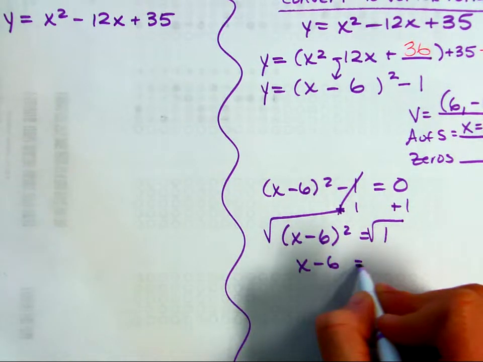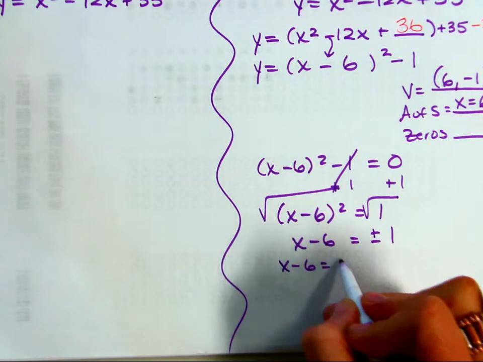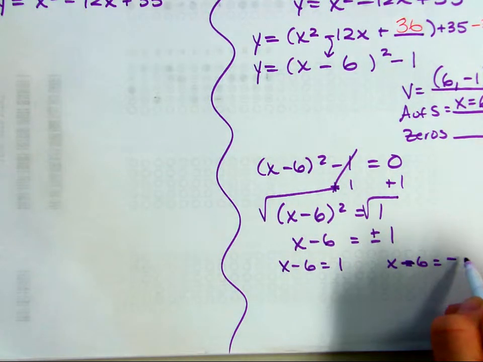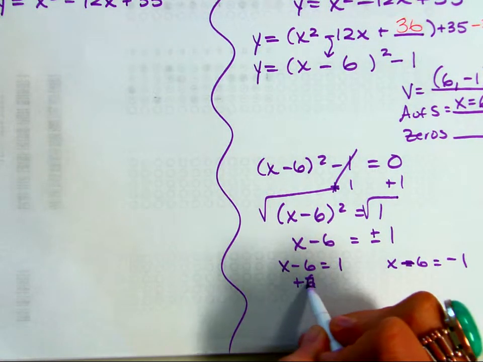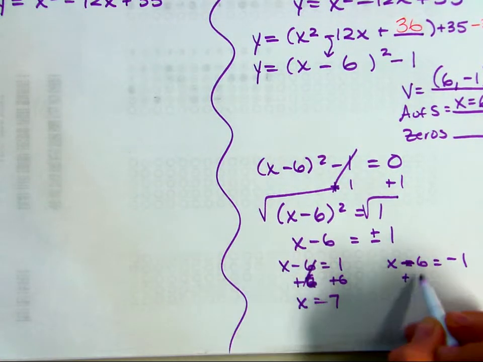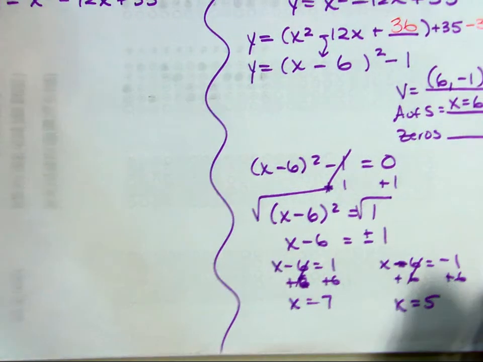Take the square root of both sides, which a square root under a square basically is just what's in there. And the square root of 1 is positive or negative 1, right? So then we have the x minus 6 equaling a positive 1 and the x minus 6 equaling a negative 1. So watch. Oops, I'm doing the answer.